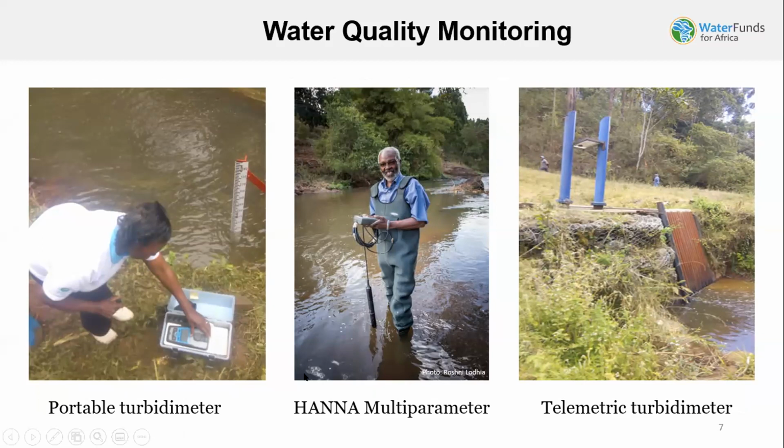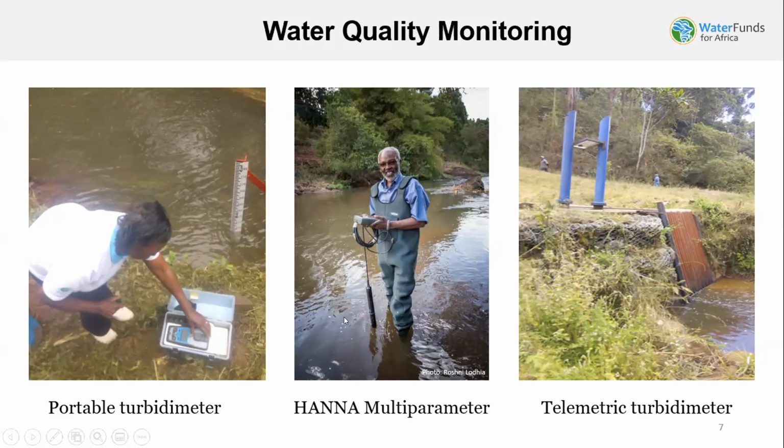And we also use a Hanna multiparameter meter to measure other indicative parameters like the total dissolved solids, the dissolved oxygen, electrical conductivity, and salinity. So basically, when you have activities happening upstream and people are applying more fertilizers, they would reflect in the water quality as high EC, or electrical conductivity.